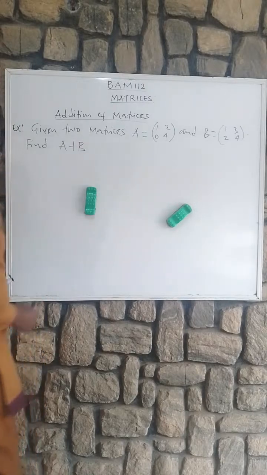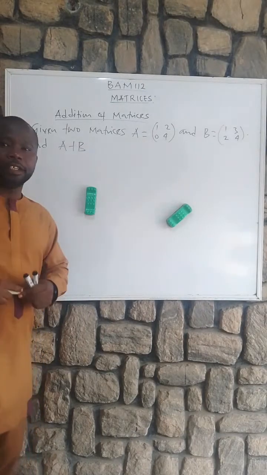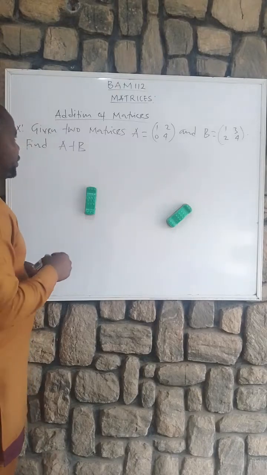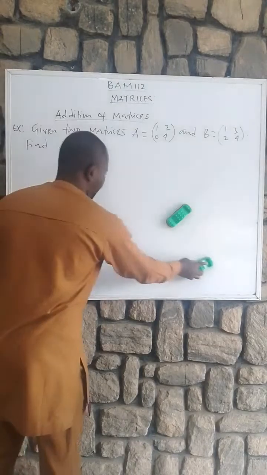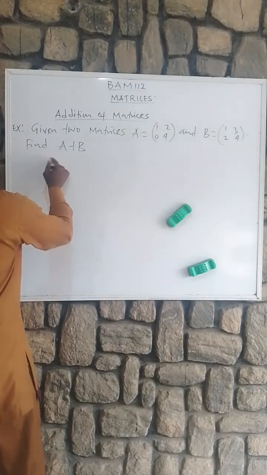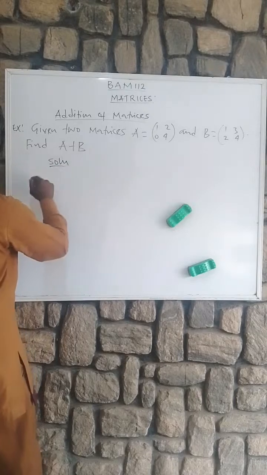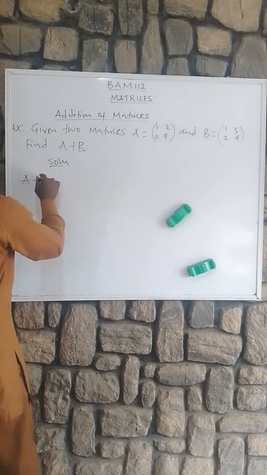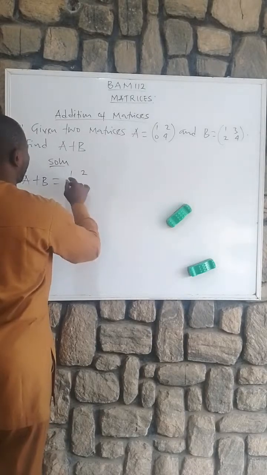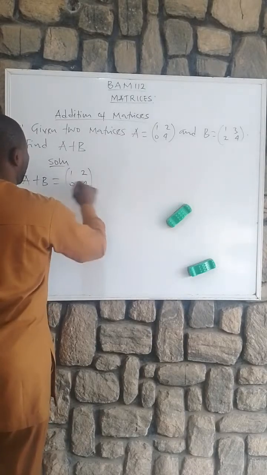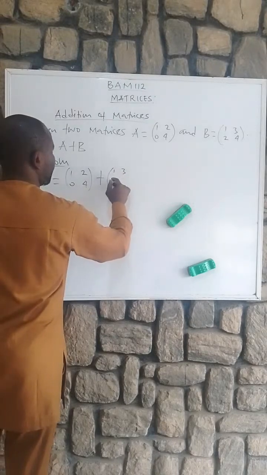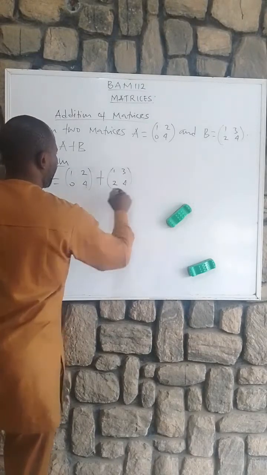It's simple as ABC. I think I solved a problem like this yesterday. This is where we stopped actually. So what you need to do, write solution, right? Our A plus B is equal to 1, 2, 0, 4 plus 1, 3, 2, 4, right?